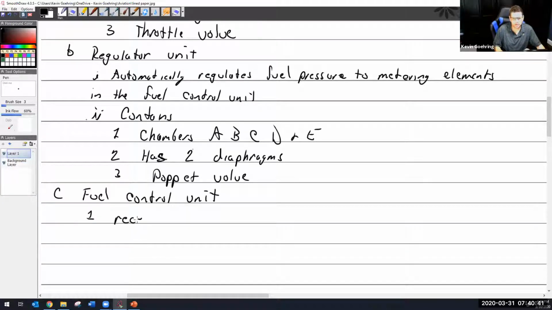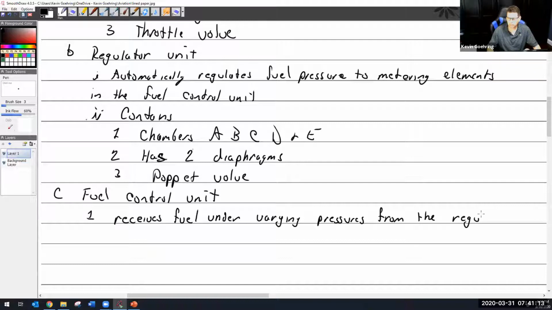It receives fuel under varying pressures from the regulator unit and meters it to the discharge nozzle.